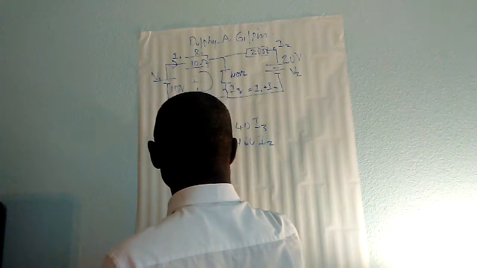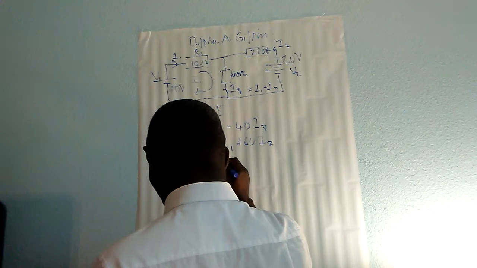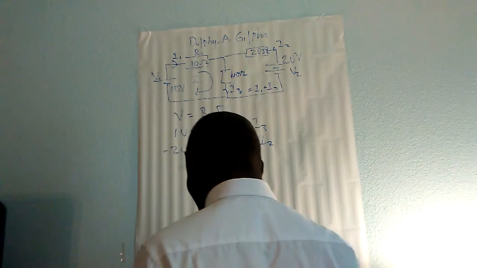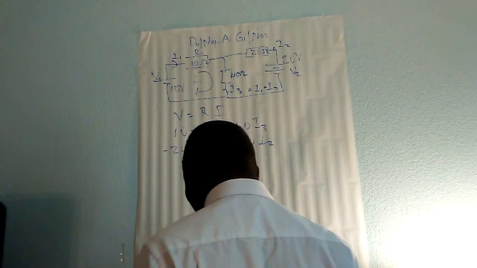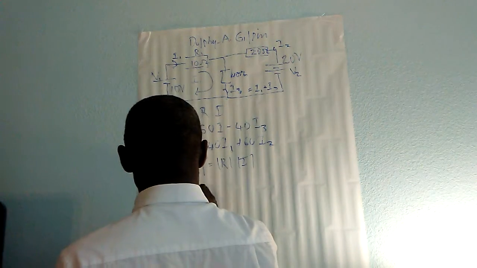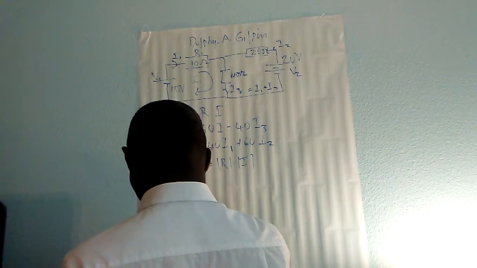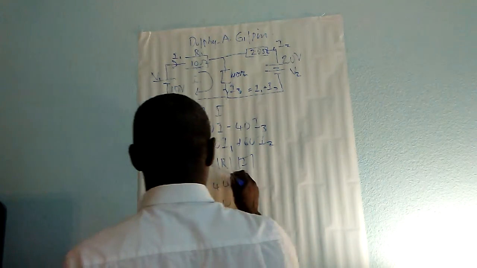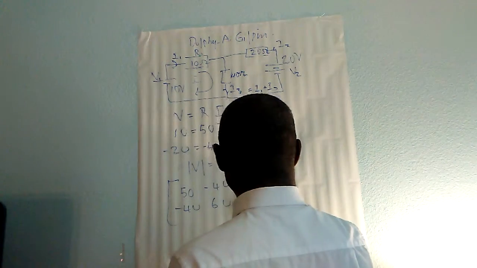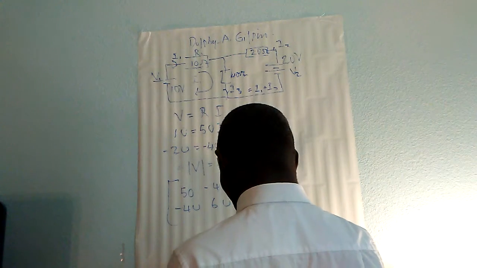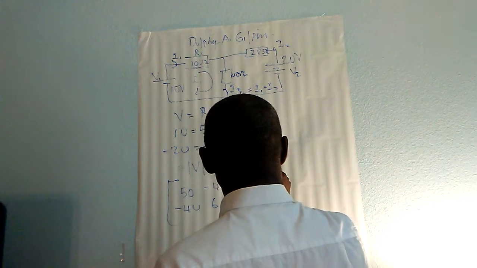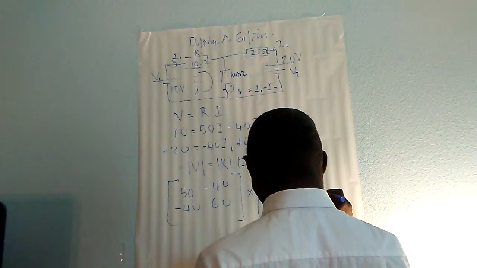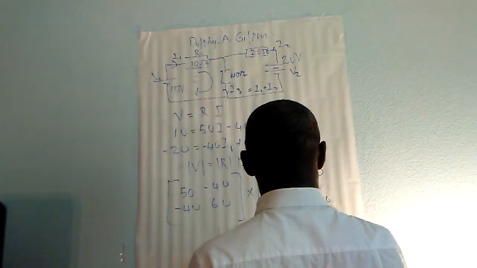Or we know that the voltage is equal to R times I, with 50, minus 40, minus 40, 60, multiplied now by I1, I2, is equal now to 10, minus 20.